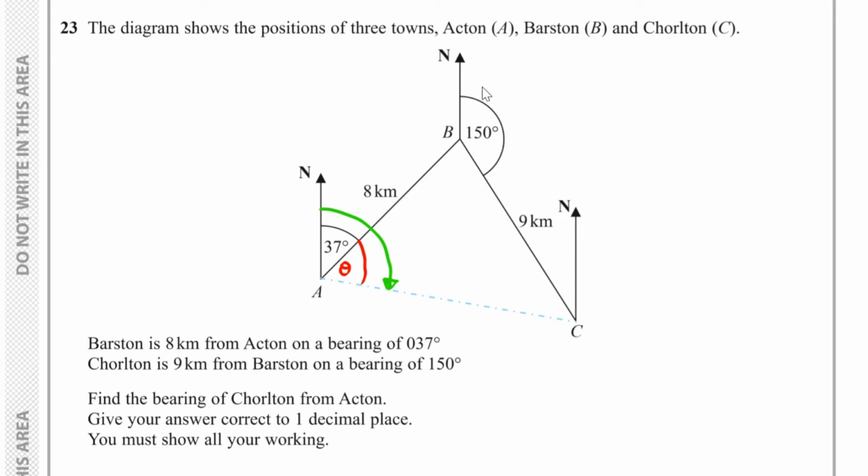But before that, what we can also do is, if I extend this line, I know that angles on a straight line add up to 180. So this angle over here must equal 30 degrees. And therefore, this other angle remaining, we have alternate angles, so this angle over here is 37 degrees.